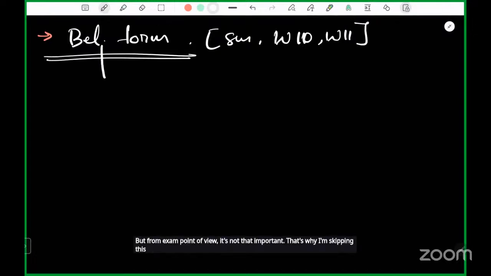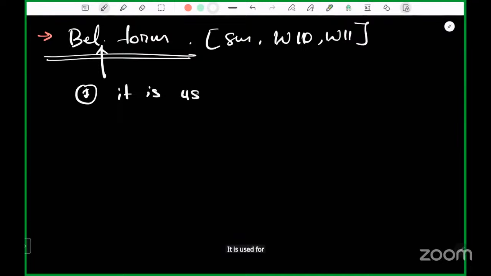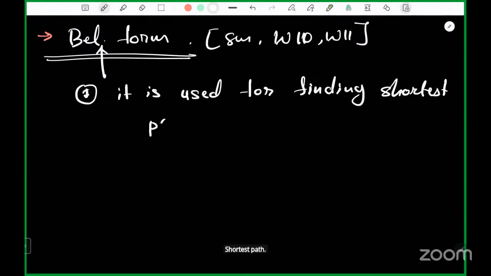But the only thing you need to understand for the Bellman-Ford algorithm is, first, it is used for finding the shortest path with a source, that is, single source shortest path.